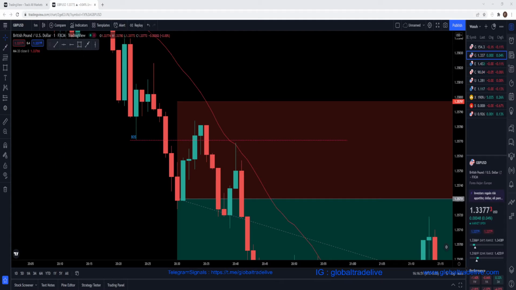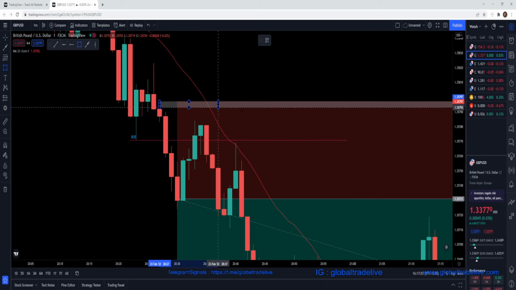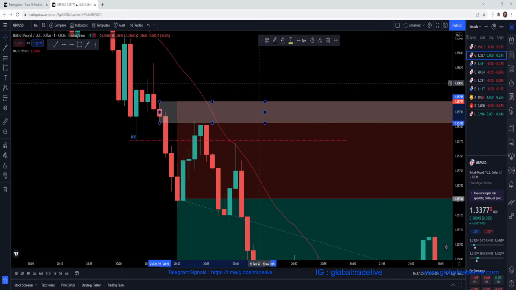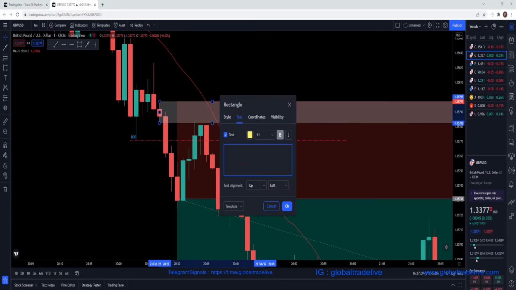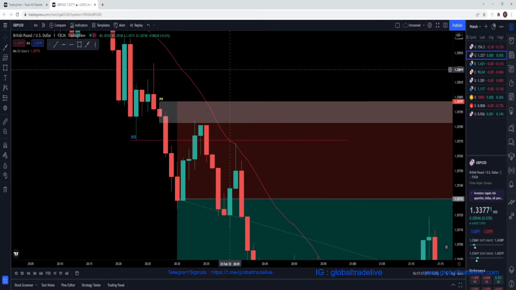So you search for a small candle after which you have your movement in the market. Okay, so this was your POI over here. So you mark your POI.